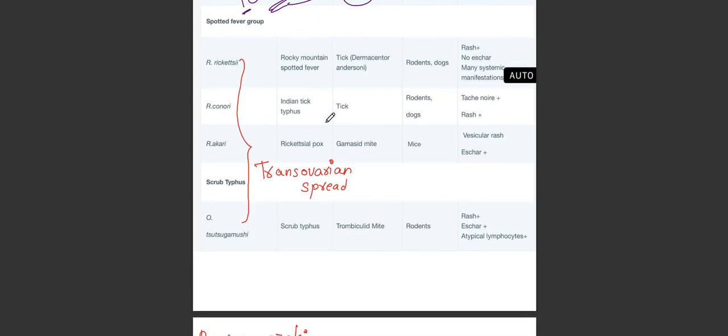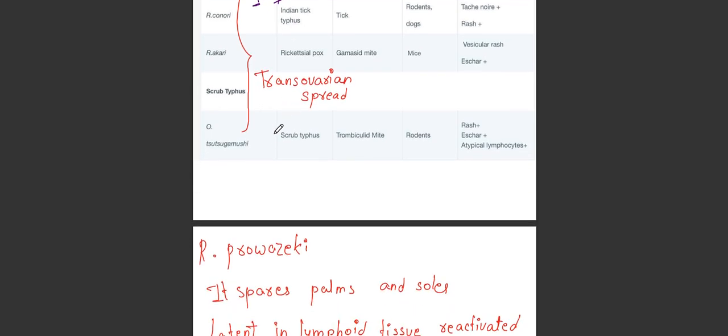Then TRY: T represents tick, RY represents Rocky Mountain fever. Then PSM: M represents mite. P is for pox, where it is rickettsialpox, and S represents scrub typhus.